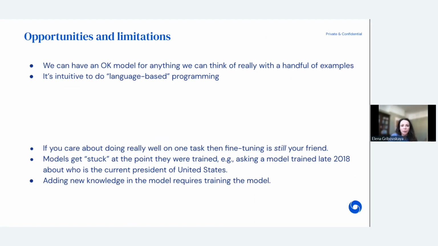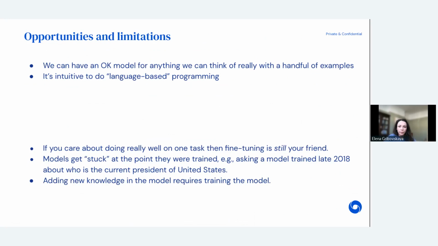Another problem with models of the scale of GPT-3 is the amount of data and compute required to train them. For instance, the cost of compute for training a GPT-3 model is on the order of millions. So it's very costly to retrain them.